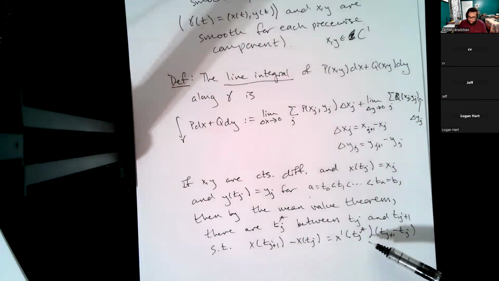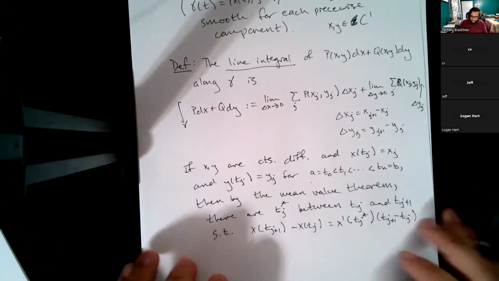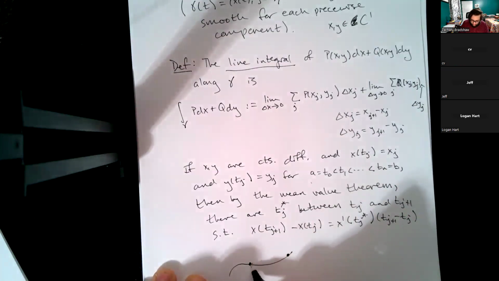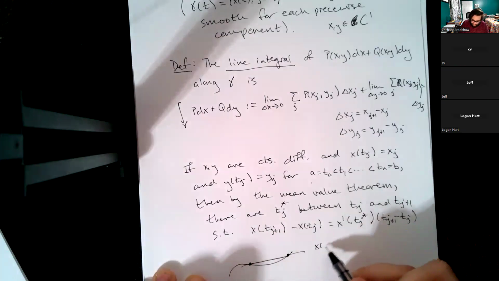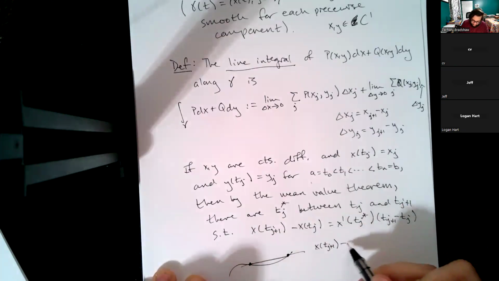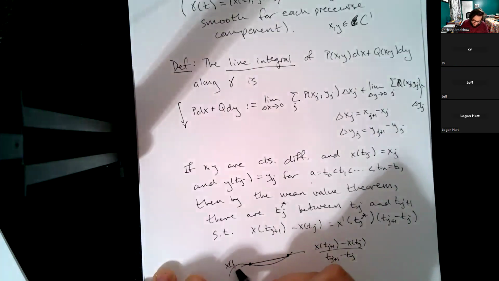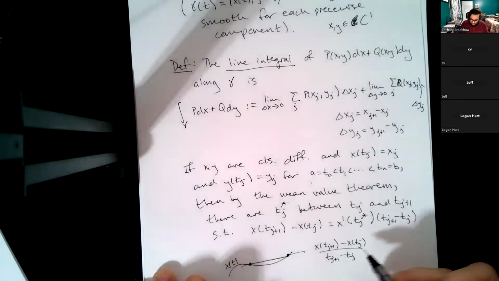So what does the mean value theorem tell us? Well, let me draw a picture. If we draw the secant line between these 2 points, it has a slope. So this is the curve x of t.